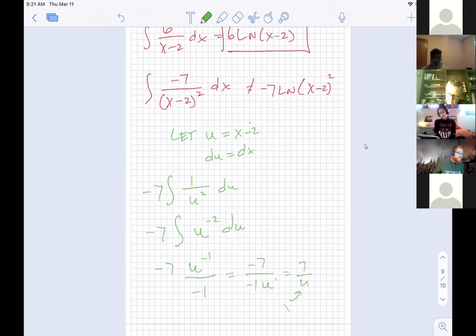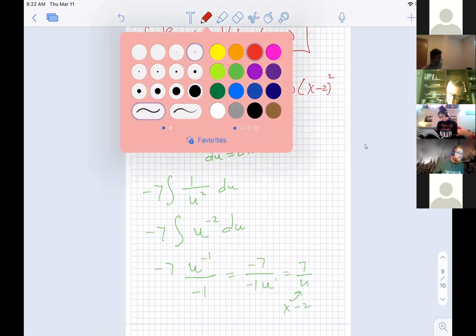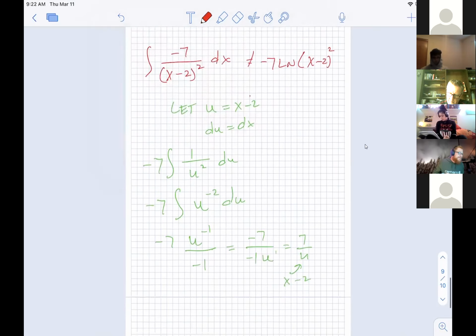But remember, u was x minus 2. So the answer to that is 7 over x minus 2. So it did not invoke a natural logarithm. Woo!